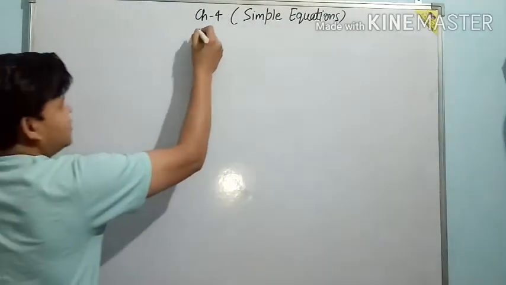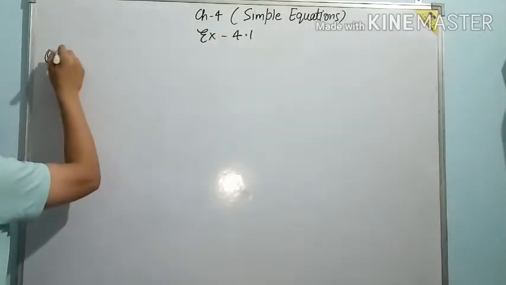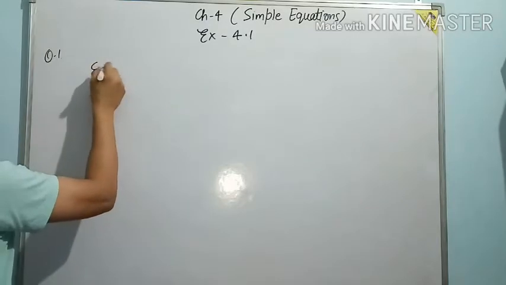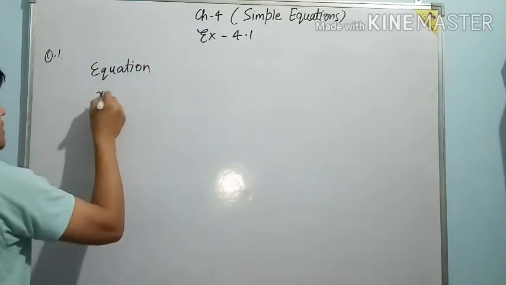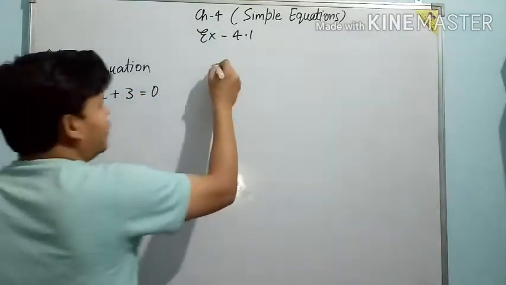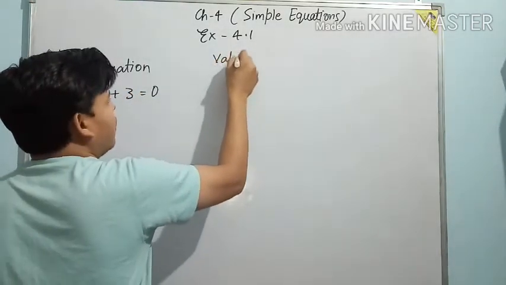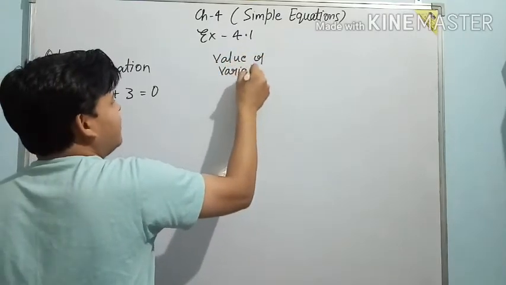In exercise 4.1, question 1 is that an equation is given to us, right? Say x plus 3 is equal to 0, and the value of the variable, whatever variable is given here.